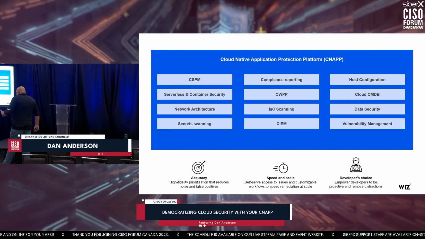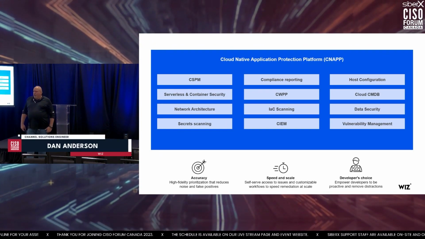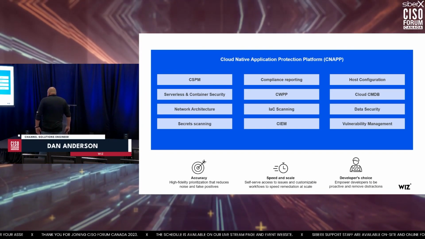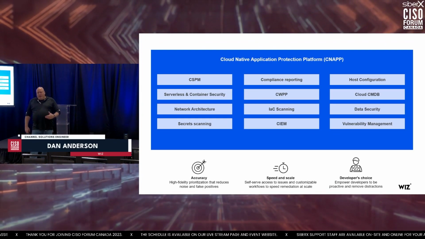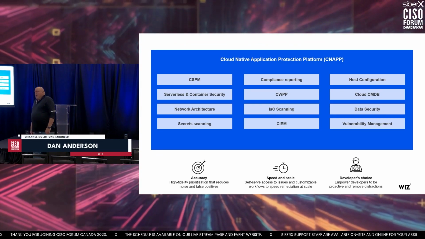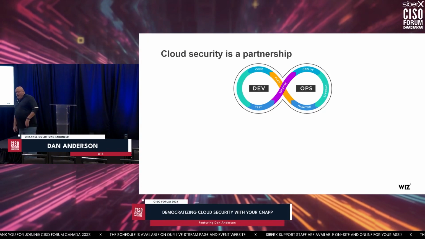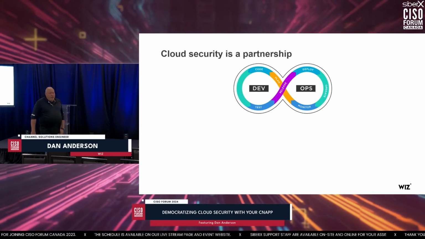It has to be able to be fast, and it has to be able to scale sideways, upwards, and downwards, okay? It has to be able to move with the actual speed of the cloud. And it has to be able to empower people that are in the environment to actually be able to solve problems by themselves, not just rely on somebody else, okay? And that's kind of the tenets of what a CNAPP environment is. Again, I want to focus on the idea of platform, not necessarily the rest of the terminology there.